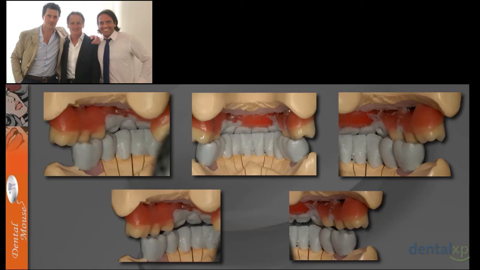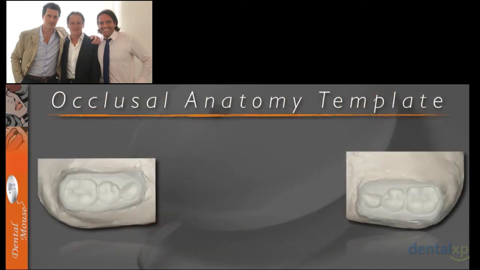From there he can make an occlusal anatomy template, so he can always have it from here till the end. He doesn't have to redo it again.